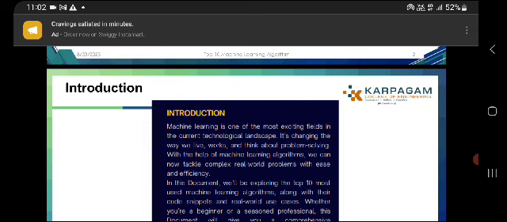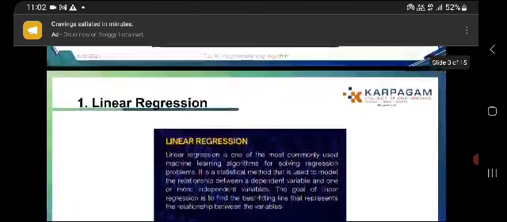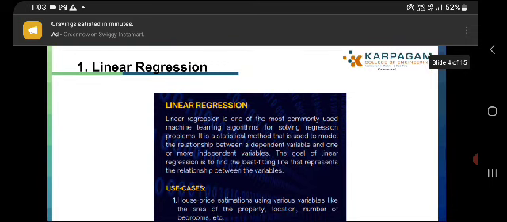Here we are going to see a list of popular machine learning algorithms, and the very first algorithm is the linear regression algorithm. Linear regression is one of the most popular and simple machine learning algorithms used for predictive analysis.